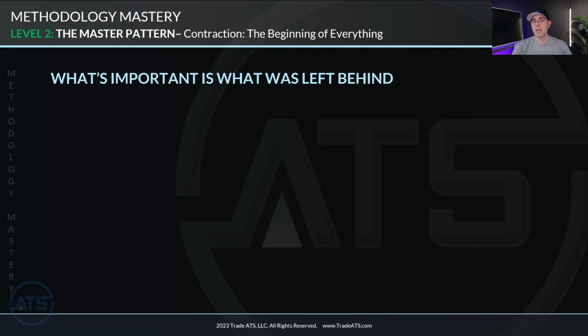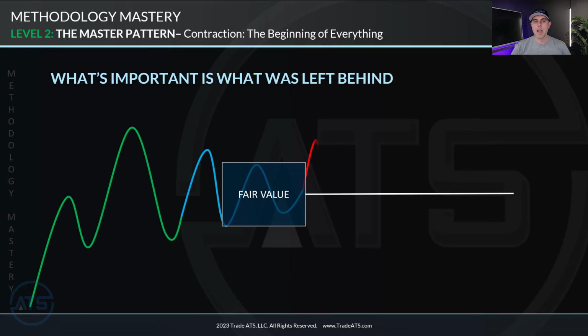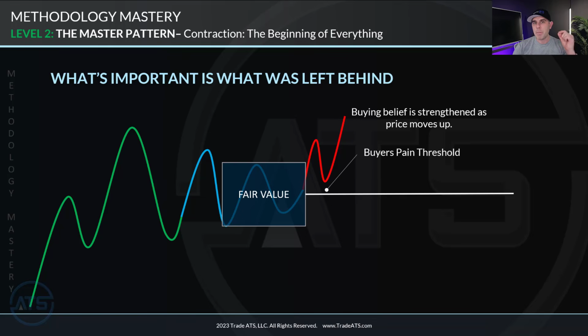So when it comes to manipulation, what's important to remember is what was left behind. When we have a contraction zone, remember, it's that fair market value that's established there. But when we break out, whether it be long or short, in this case it's long, we have buying beliefs that are becoming strengthened as price moves up. Now, if there is a need for manipulation, for a rebalancing of the market makers' positive and negative selection portfolios, then remember that there is a pain threshold associated with the center line of that contraction.